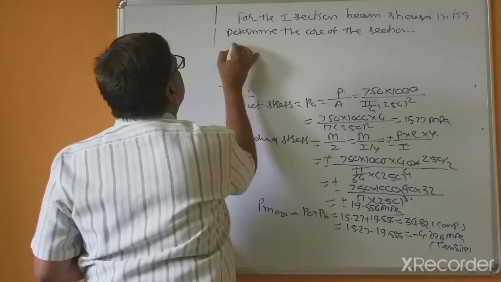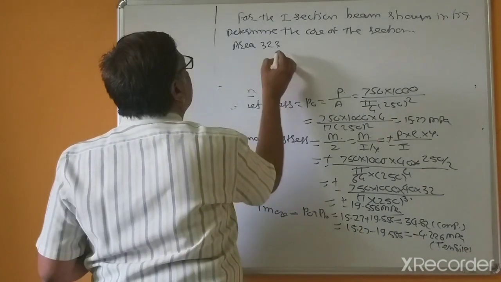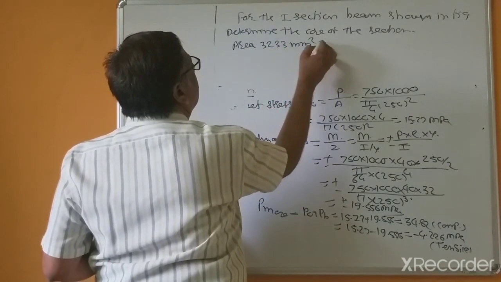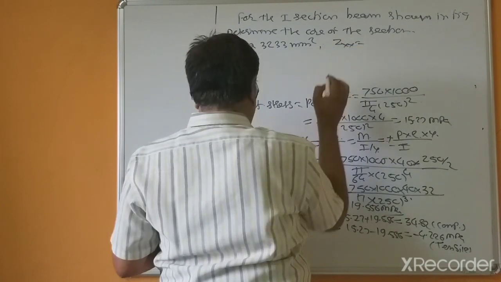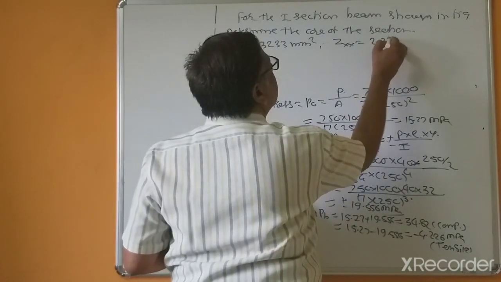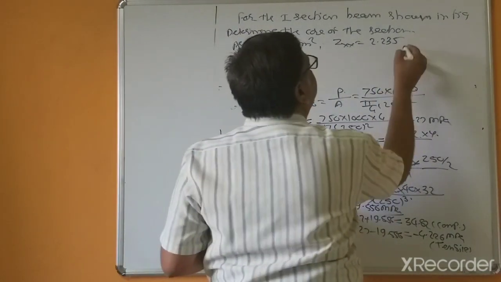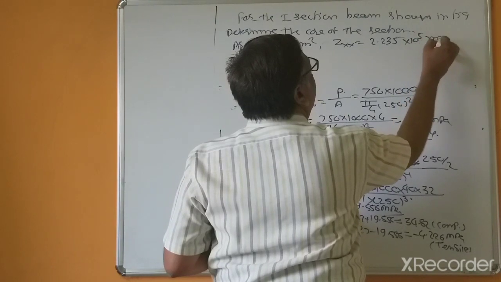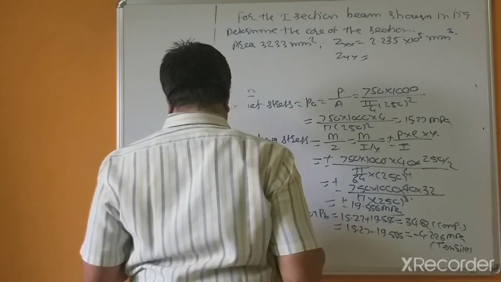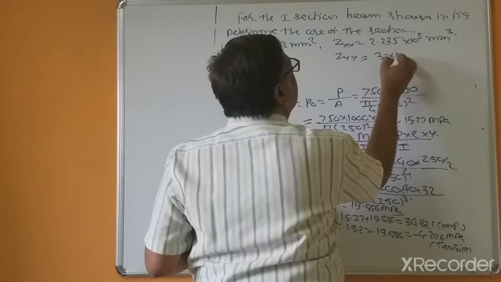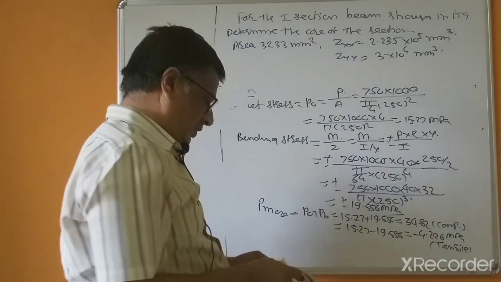Area equal to 32 square, and Zxx and Zyy are directly given. This is 2.35 into 10 to the power 5 raised to cube, and 3 into 10 to the power 5 raised to cube.